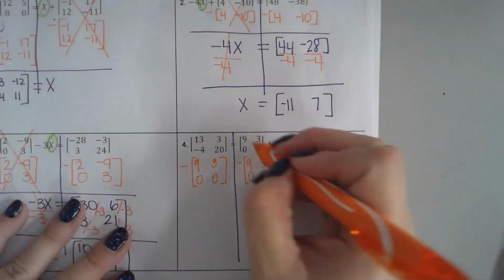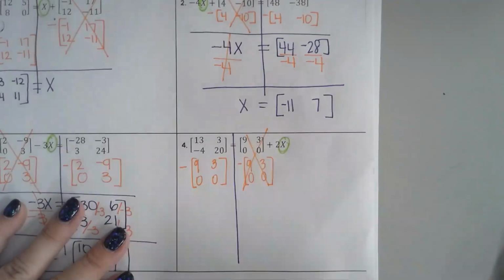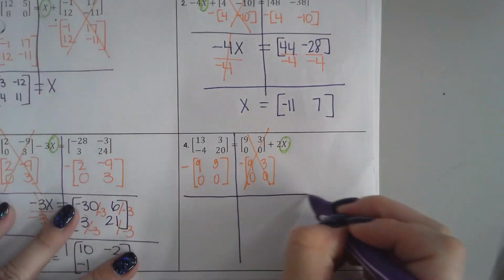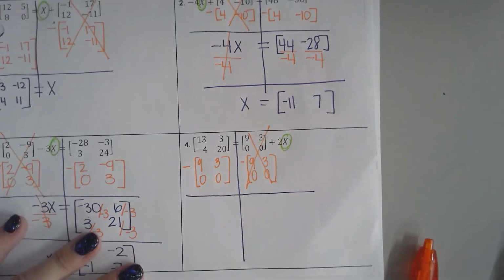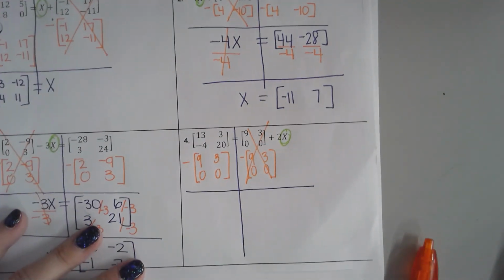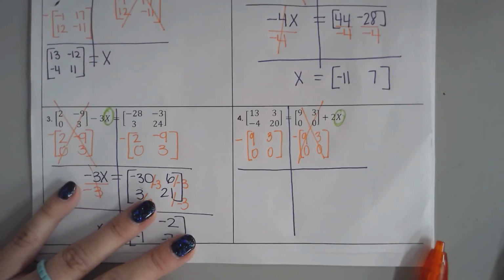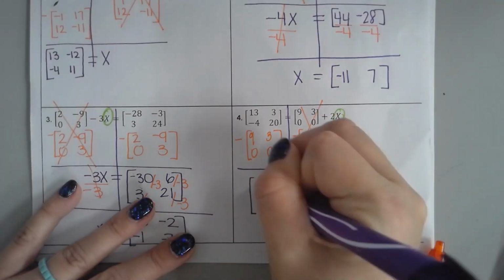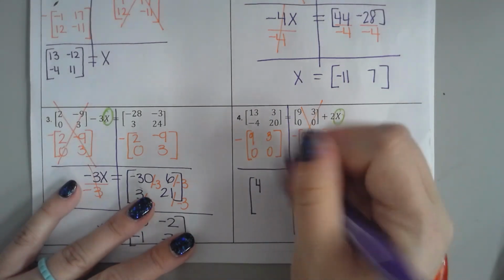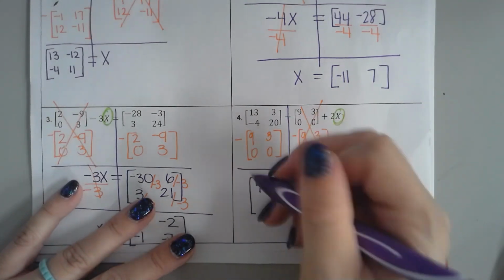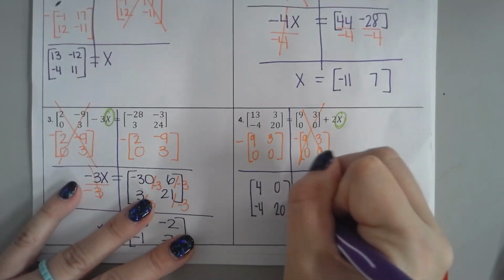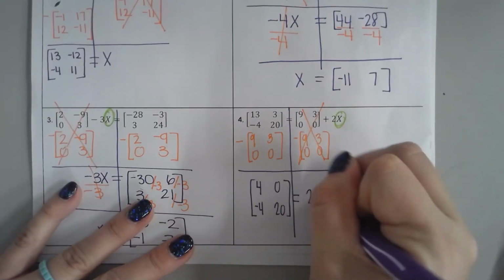This will probably be an easy subtraction. That causes those to cancel. 13 minus 9 is 4. 3 minus 3 is 0. -4 and 20 equals 2x.